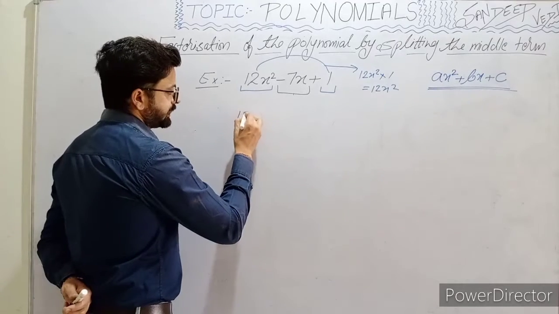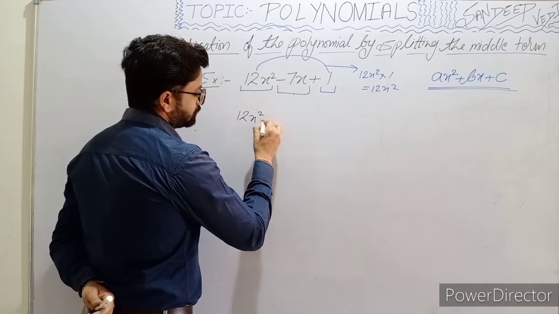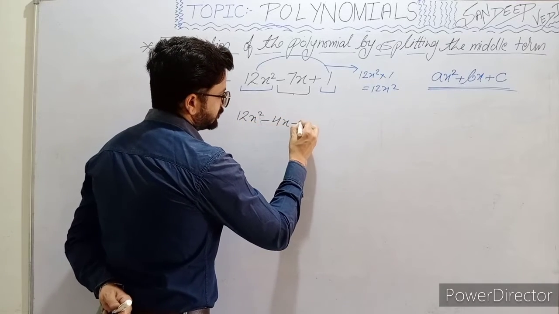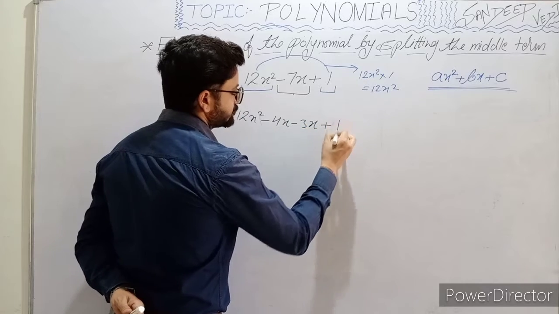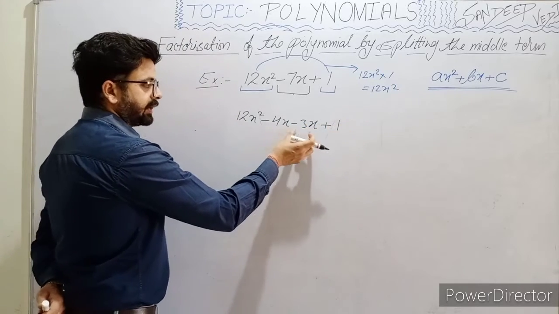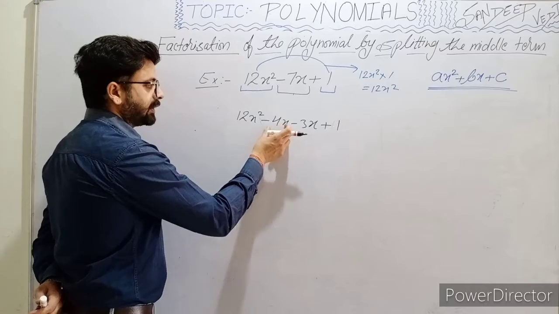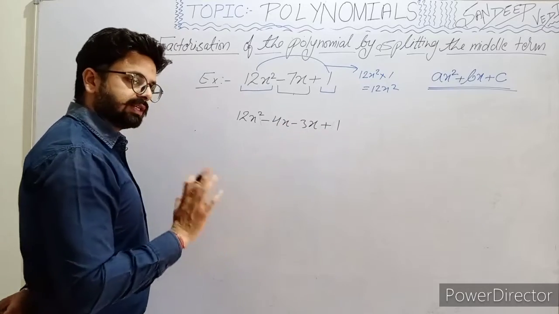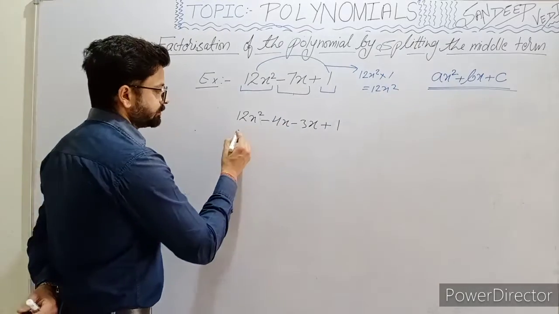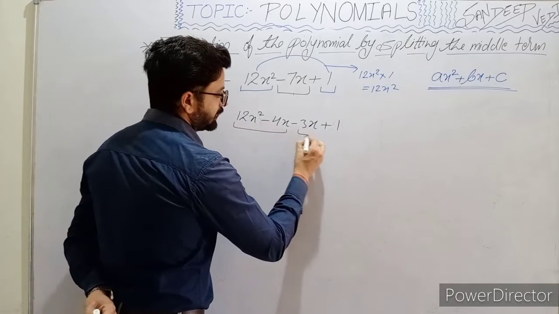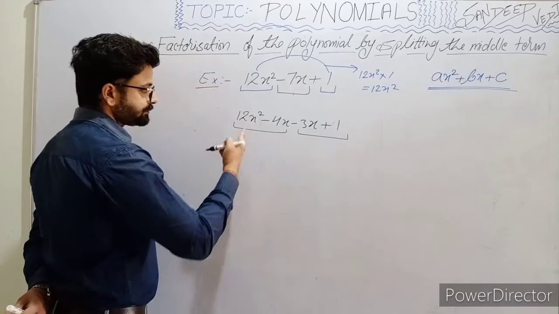Now guys, I am using 12x square minus 4x minus 3x plus 1. It's not a matter, you can write minus 3x first and minus 4x after, no issue. The answer will come the same, factors will come the same. Now in the first two terms and last two terms, we will take common.